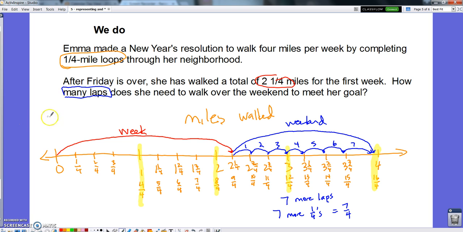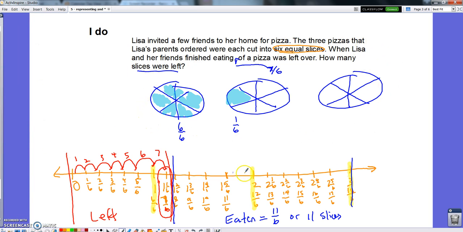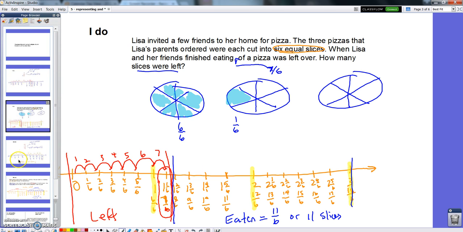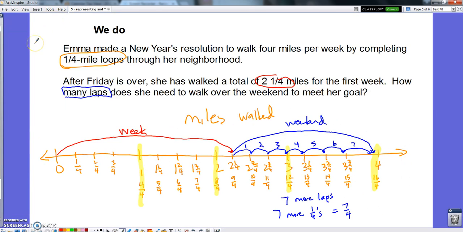I'll admit to you, if I were to pick my strategies back on the pizza example, the drawing makes more sense to me than the number line. But coming back to this example, when we're talking about a distance, I feel like the number line makes more sense, at least to me, than the square or the rectangle 1 miles did, because it looks like a distance.